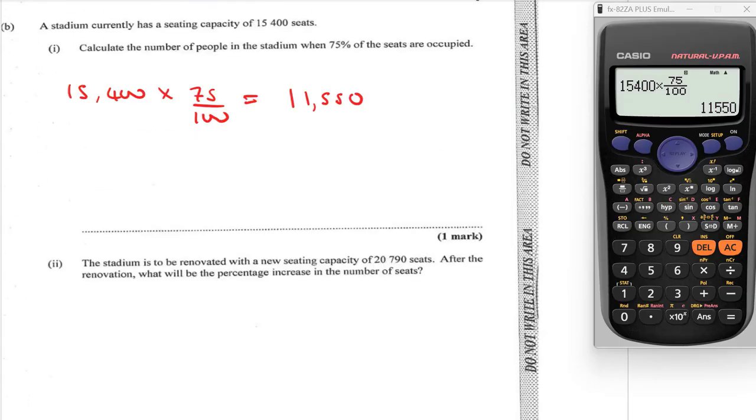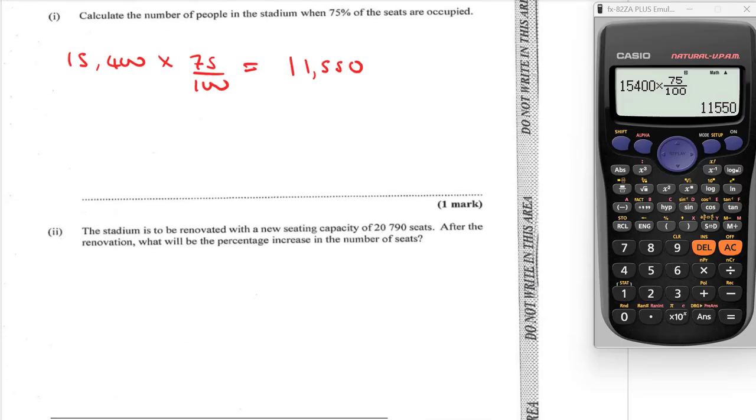Now the next part of the question is saying the stadium is to be renovated with a new seating capacity of 20,790 seats. After the renovation, what will be the percentage increase in the number of seats? So we have a percentage increase here.